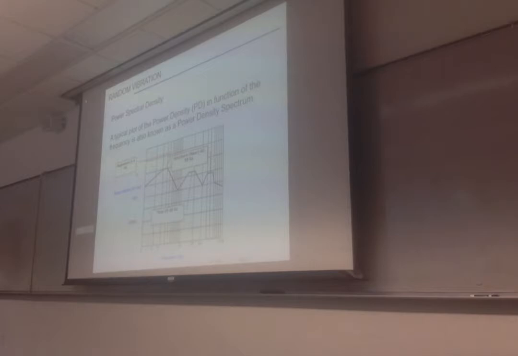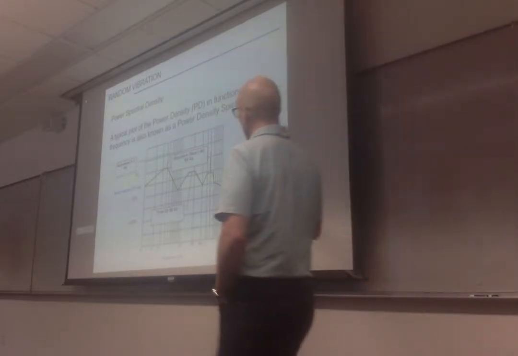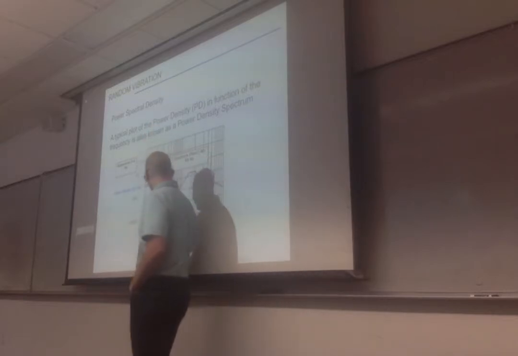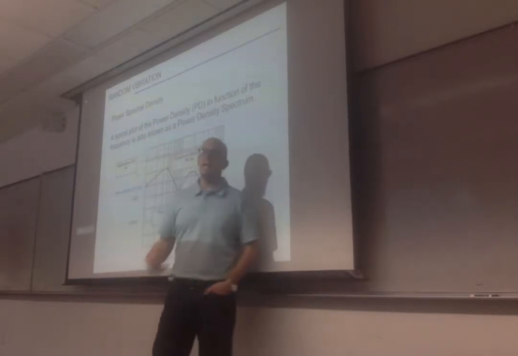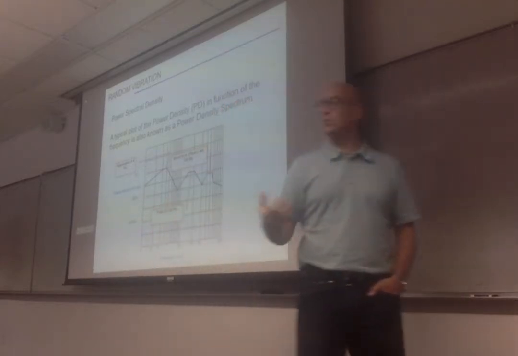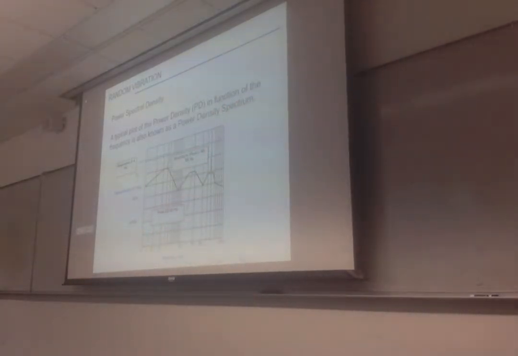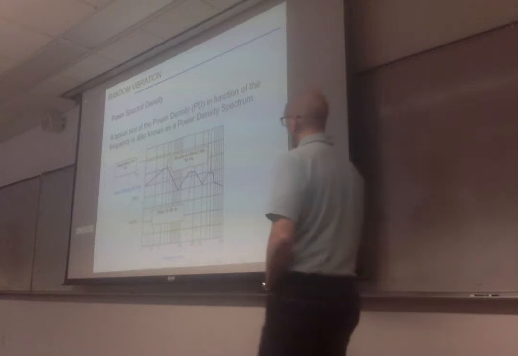Okay? So, what this does here, what the y-axis tells you is that for a certain frequency, it's a link, if you want, to the energy associated with that vibration. So the higher is the value of the power density here, the higher is going to be the energy, okay? And typically these will be the dominant frequency that you will see in the vibration.